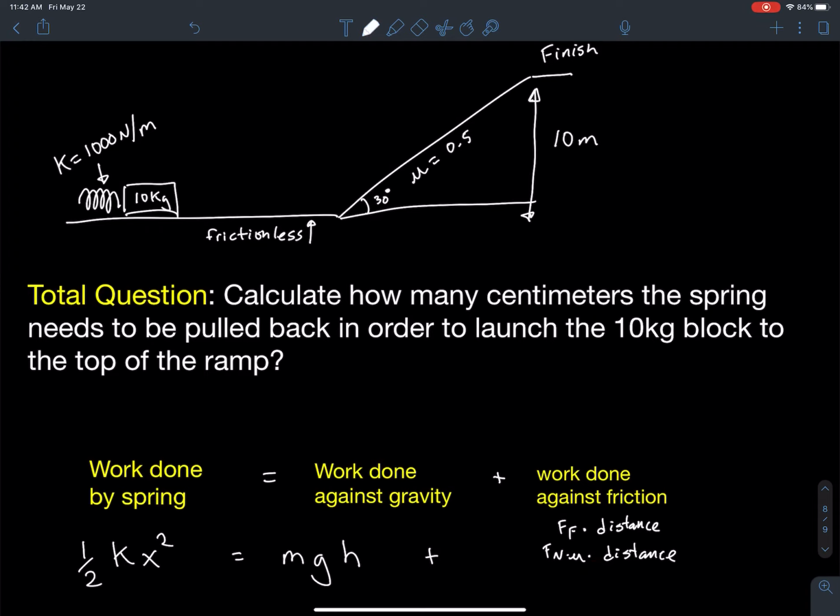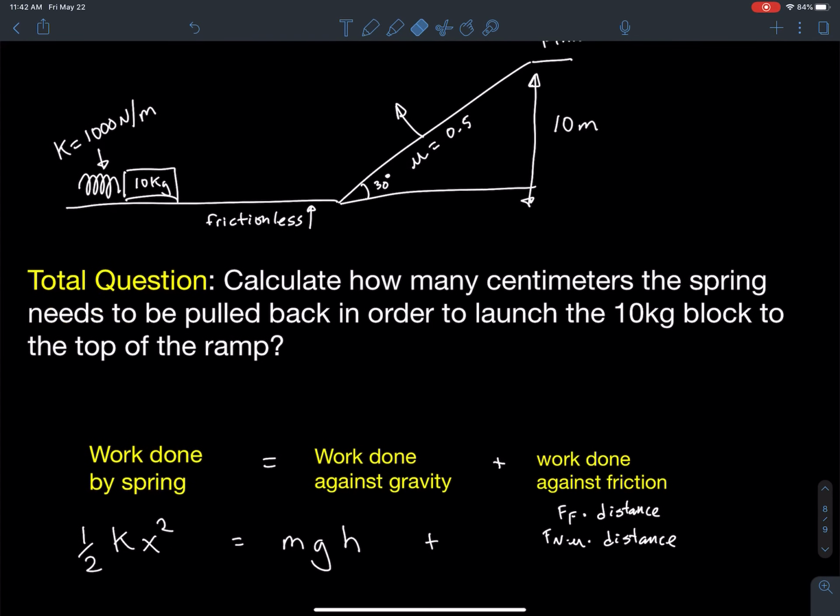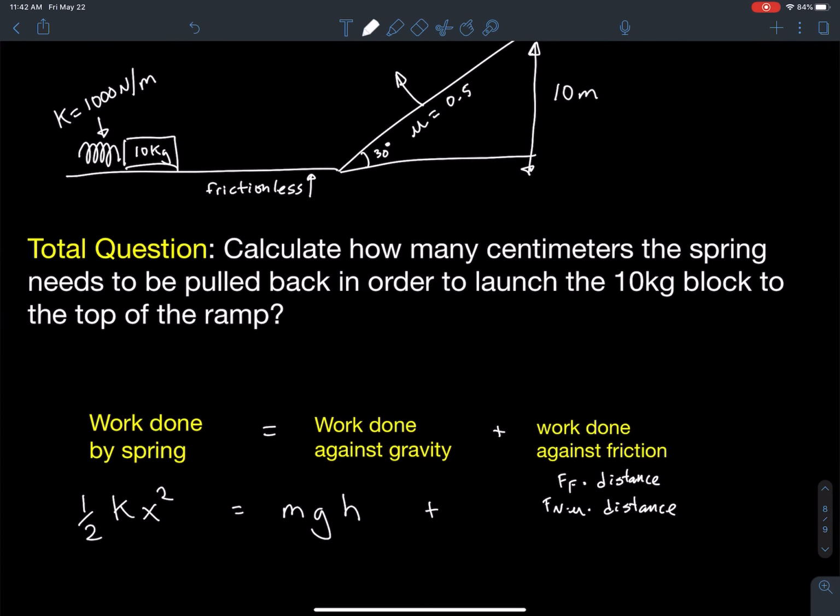Now remember, on an inclined plane, from a different video that we just made yesterday, Fn is equal to cos theta times Fg. So the work is cos theta times Fg times mu times distance. That's an important thing to remember about inclined planes. I'm just going to erase all this stuff up here and move this over here.